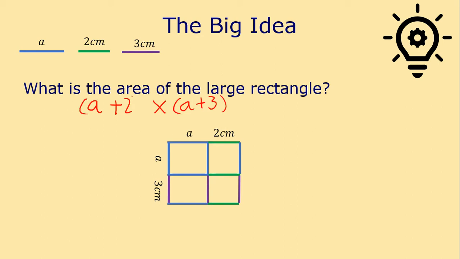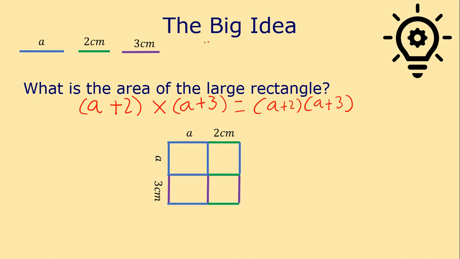So this is how I'd write this. What we're working out here is a plus 2 times a plus 3. That is what we've been asked to work out. And the way we write this is a plus 2 brackets a plus 3. You'll notice that there's this convention in algebra that we don't write a multiplication sign when we're multiplying two terms like this.